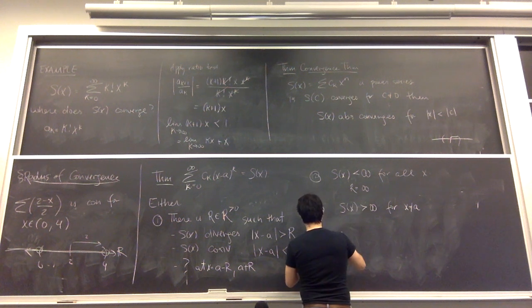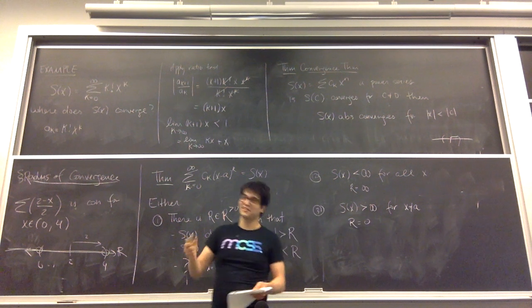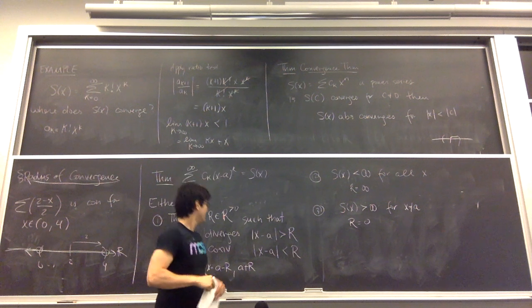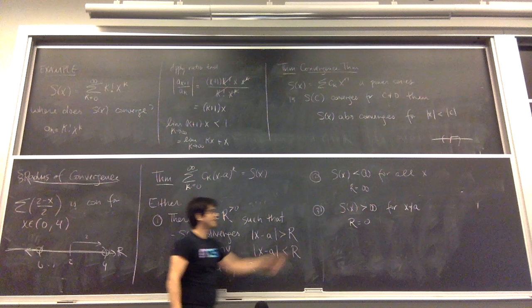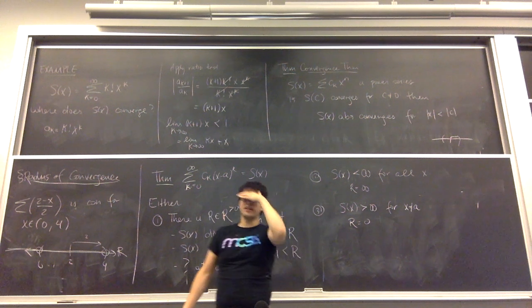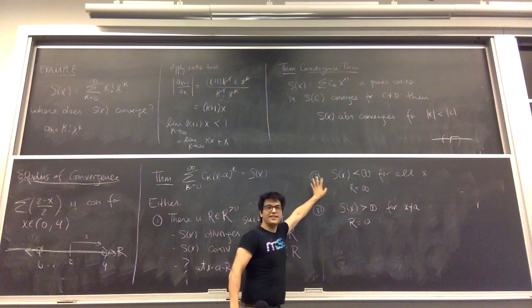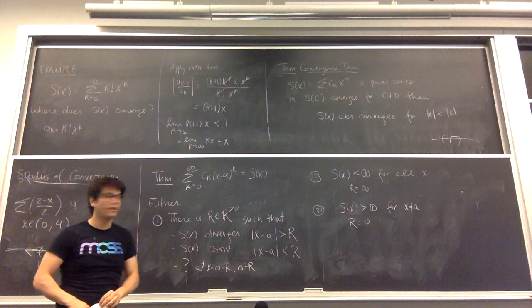So what radius of convergence is this? Oh, I wrote the answer. Yeah. 0, right? So you have non-zero finite radius of convergence, infinite radius of convergence, and 0 radius of convergence. So single point, every point, interval of points. Those are the 3 possibilities when we're dealing with these power series.